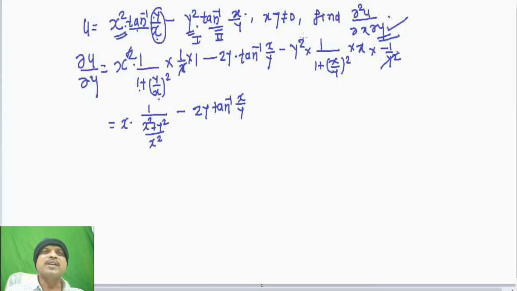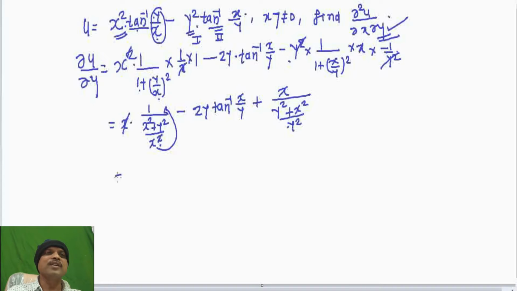So this y square and this y square get cancelled, this minus minus become plus, and we get x divided by y square plus x square divided by y square. Okay. Now this x square is in the denominator, so this x square and x get cancelled and this x will go into the numerator and we get x divided by x square plus y square.